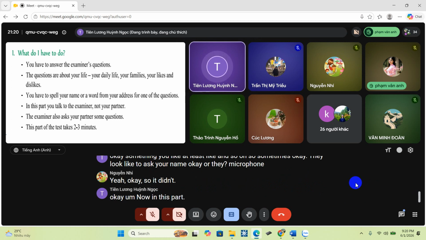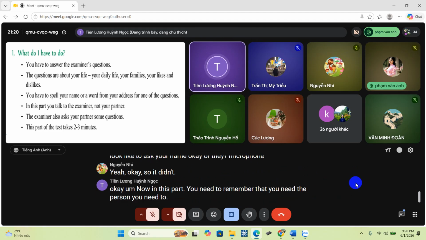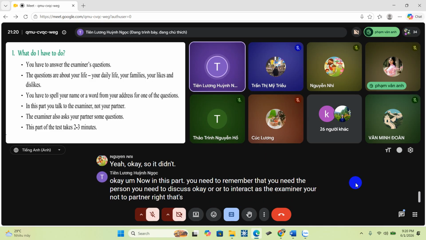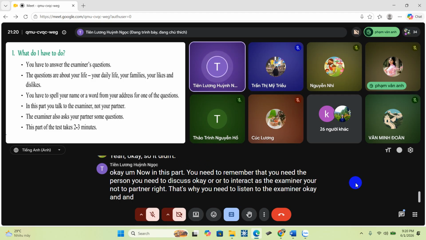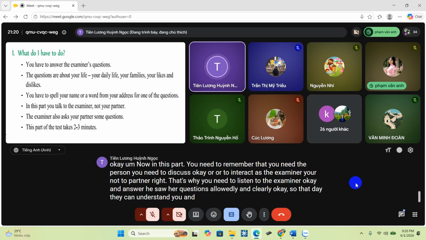Now in this part, you need to remember that the person you need to interact with is the examiner, not your partner. That's why you need to listen to the examiner and answer his or her question loudly and clearly, so that they can understand you and give you some marks.